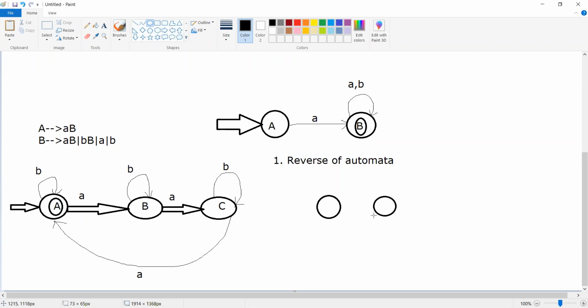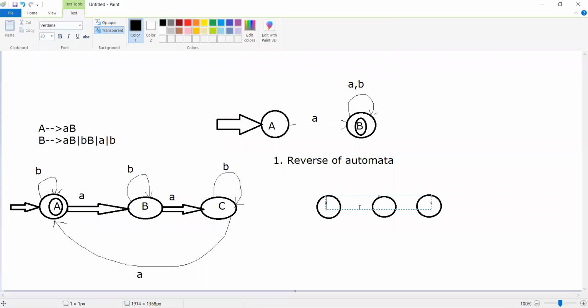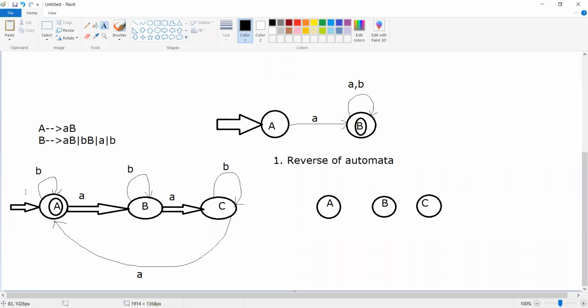So let me write all these things quickly. These are the three states: capital A, capital B, and capital C.